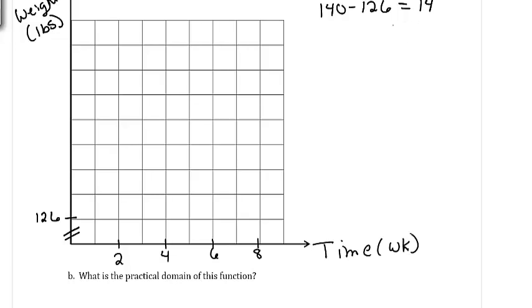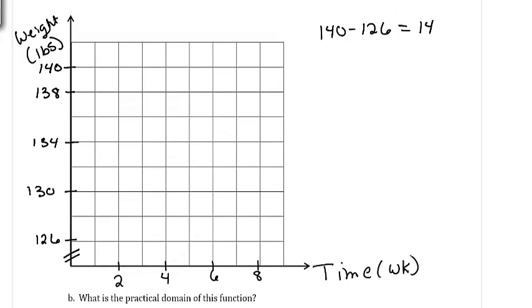We only need 14 units, and we have 1, 2, 3, 4, 5, 6, 7, 8 to do it in. If I let every tick mark be worth 2 pounds, then I'll have enough room for all of my weight on there. So this would be 128, this one would be 130, and then 132, 134, 136, 138, and then this one would be 140.